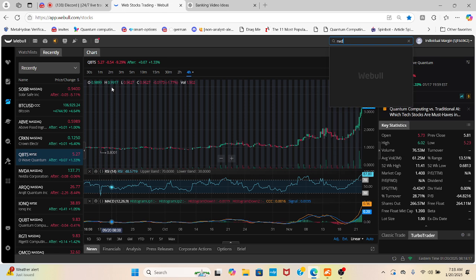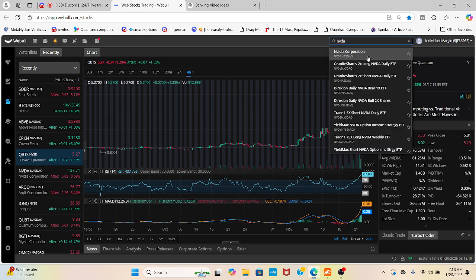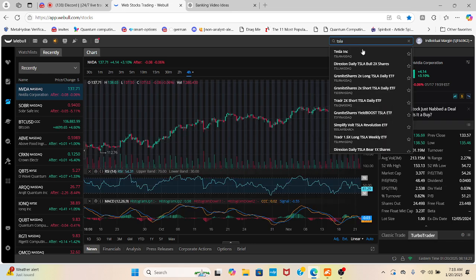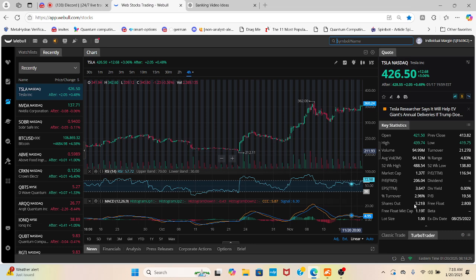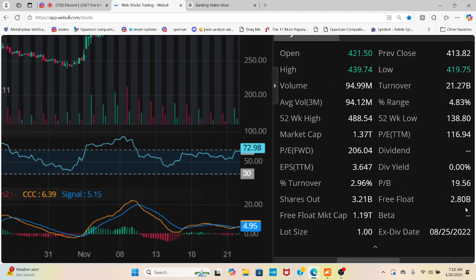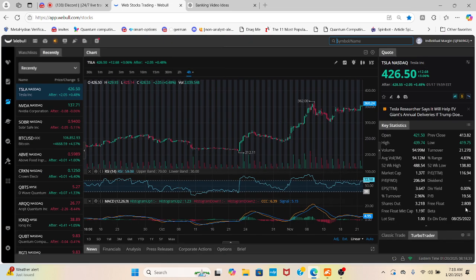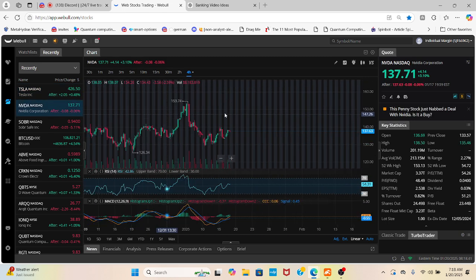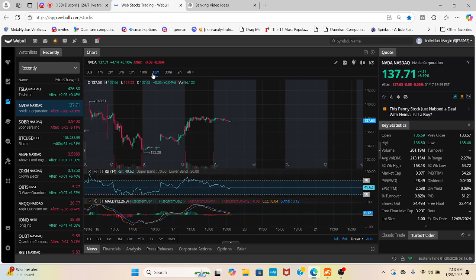These stocks get big, like the Nvidias and your Teslas. Notice they have free floats. The massive cup size is 280 billion on Tesla, and 23.44 billion on NVDA. You'll never see those cup sizes get filled.